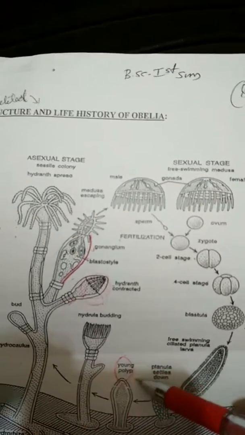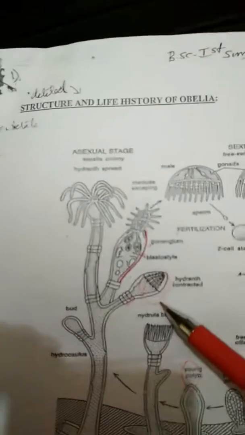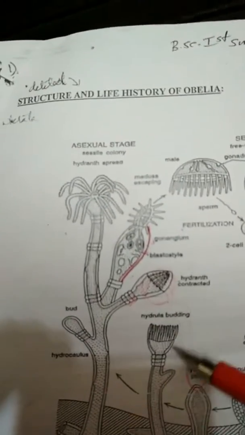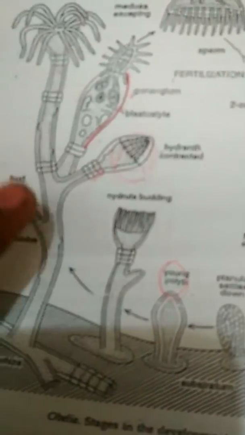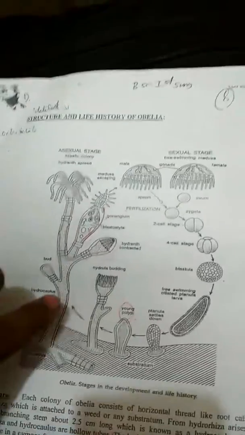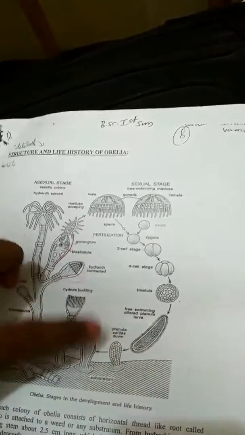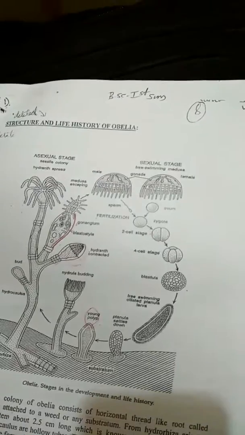This is called a polyp, and it further develops and forms hydroid budding. Here it attains a small younger stem-like structure. It further develops from this stage to this stage, and the cycle continues like this. And this is about Obelia.